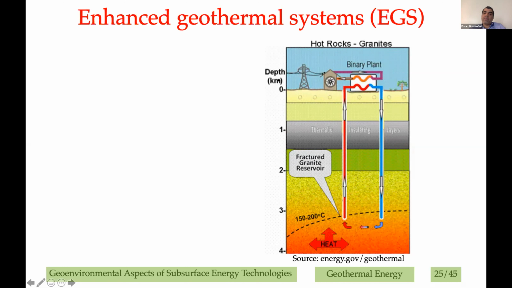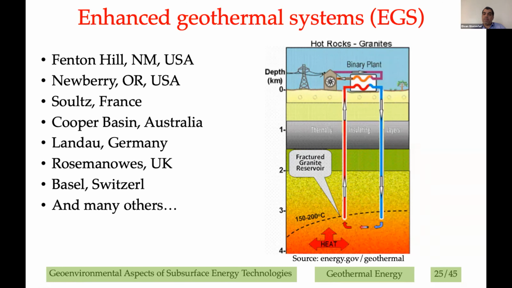In terms of depth, in different parts of the world, when we look at a deep geothermal system, or enhanced geothermal, or EGS for short, typically it's above 3 kilometers, so 3 to 4 kilometers, when you can reach that hot, dry bedrock.